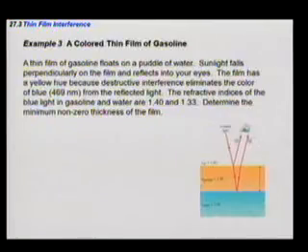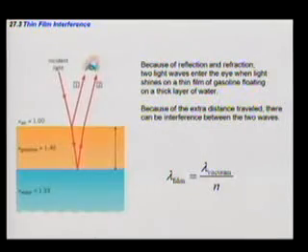Right here at this boundary, we're going from 1 to 1.4, so we get 1/2 lambda film. Then at this boundary, we're going from 1.4 to 1.33, we get 0 phase shift. They call it phase change, phase shift, same.